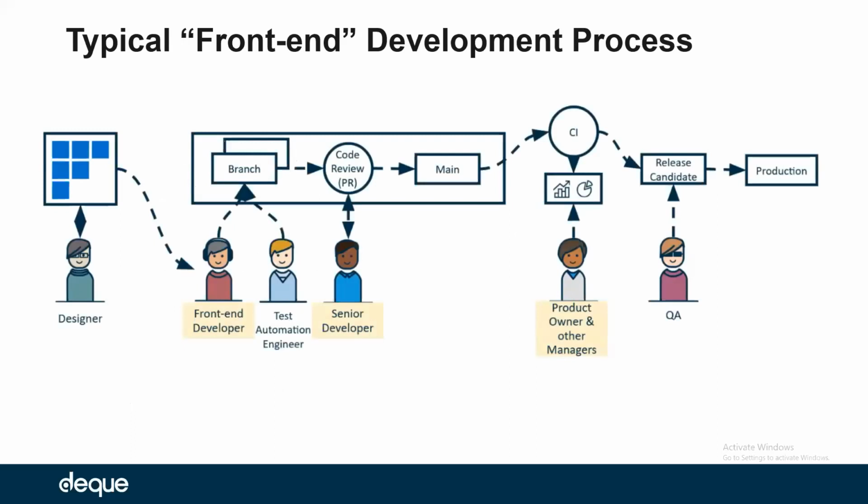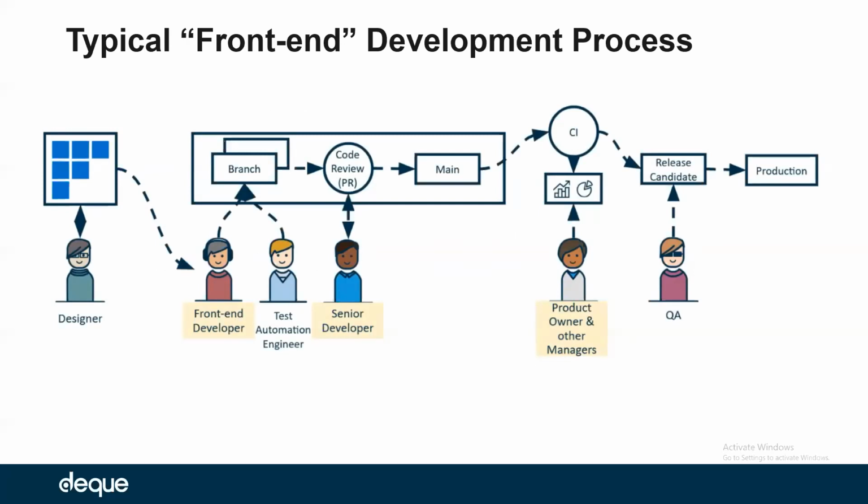Okay, so typically the process for your front-end development, especially because we are talking about front-end development here. You have a designer who's coming up with the design. Today we are also building a product around this for the designers. We don't have that yet, but it is still in development.